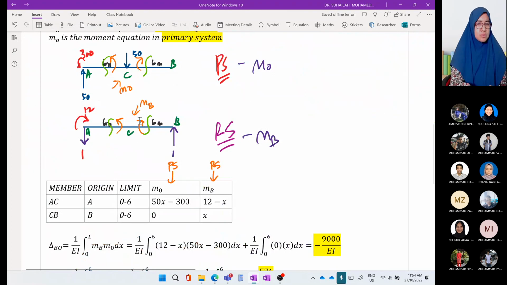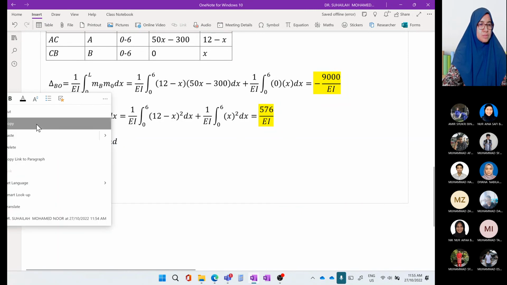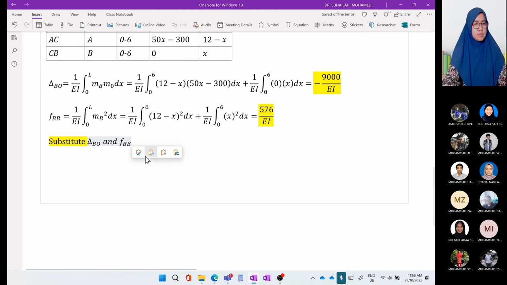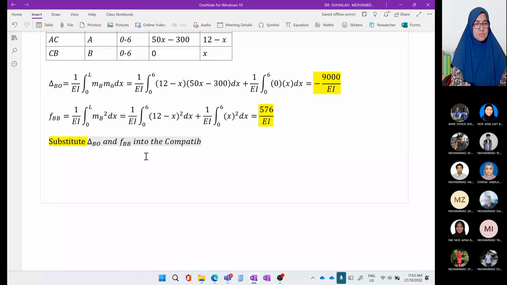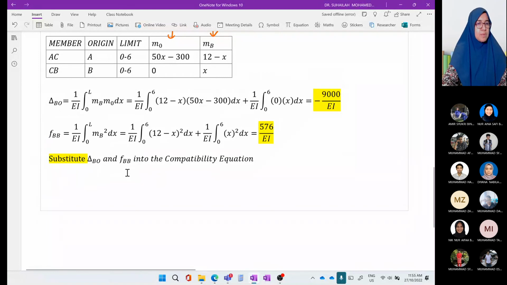So substitute delta B naught and FBB into the compatibility equation.